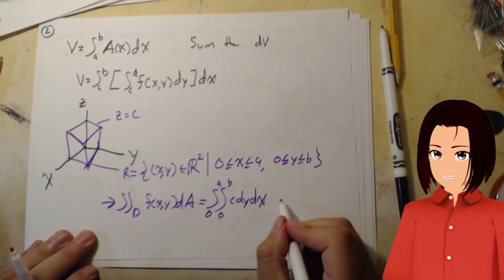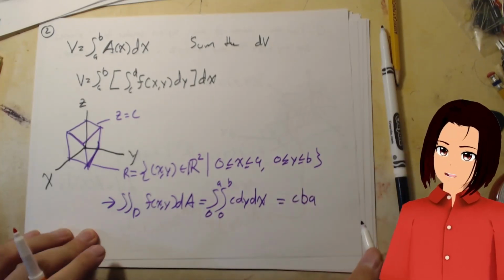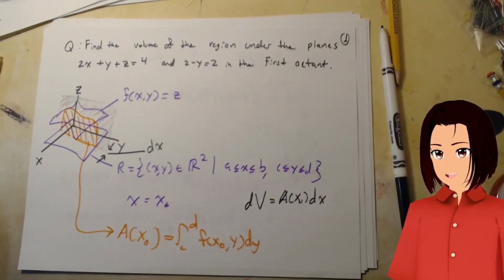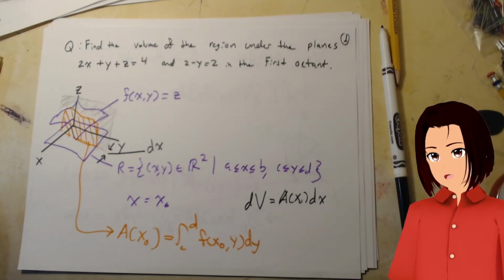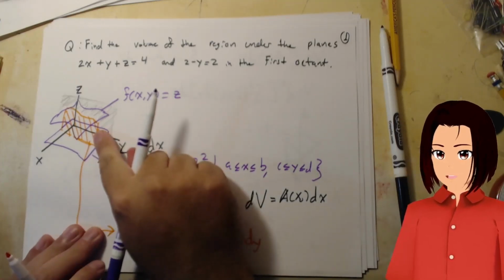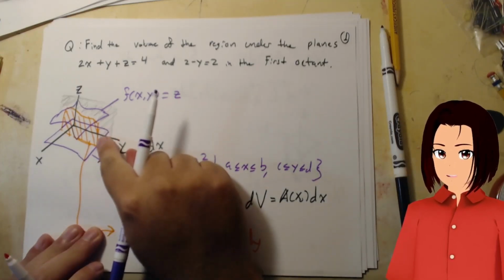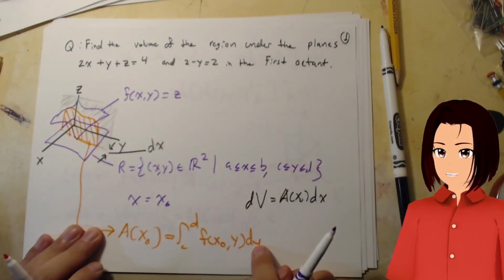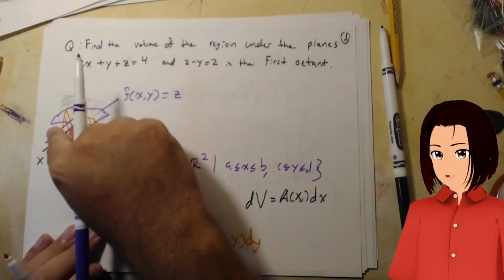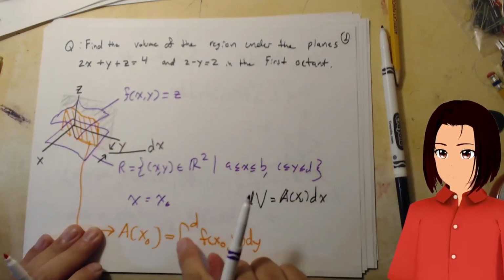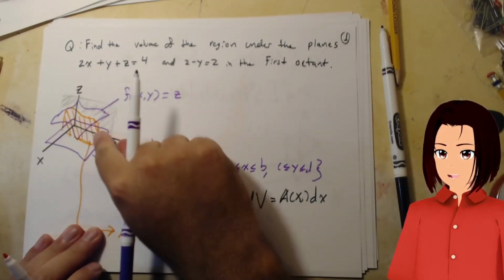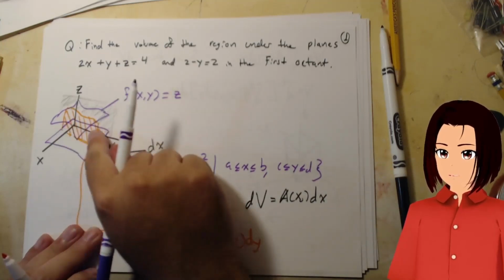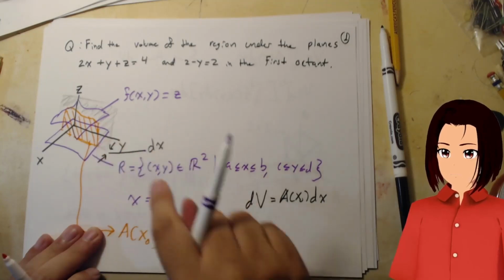It's equal to this, and this evaluates to that. A way to think about this is that we're getting this cross-sectional area right here and integrating it across the y, so we're going from here to here. That's the area from this boundary in y to this boundary in y. That's why we have that here.